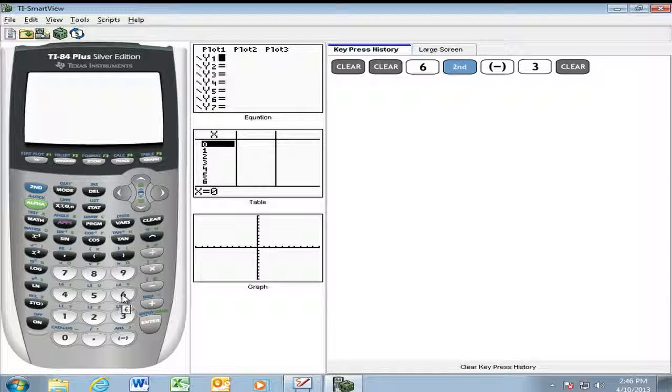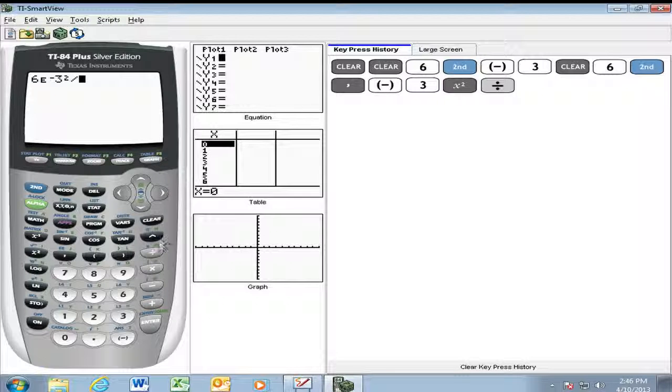We want 6 millivolts. That's going to be 6 blue EE. There we go. Remember, when you see the E, that's times 10 to the, and then it's waiting for your metric prefix. Negative 3, because we're dealing with 6 millivolts. And let's go ahead and square that. There's your keystroke to square.